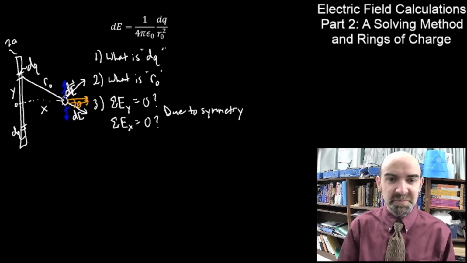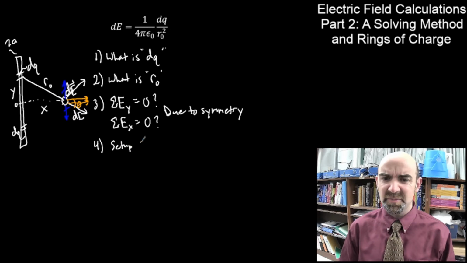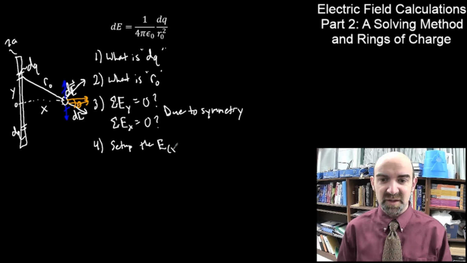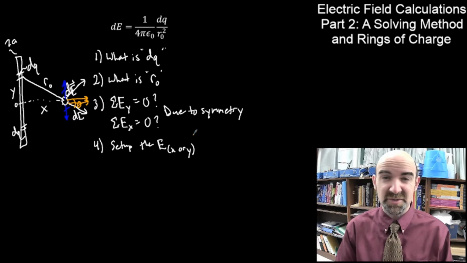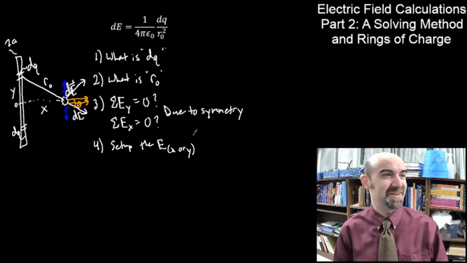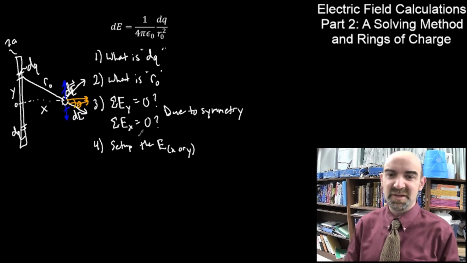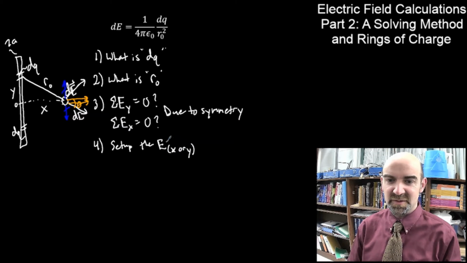And finally, when you put it together, set up the electric field in the direction where it's important. So in this case, is it x or y? We may even have some kind of z direction. If you think about a sheet of charge, we're working in the outward direction from the sheet, so there might be a different direction there.